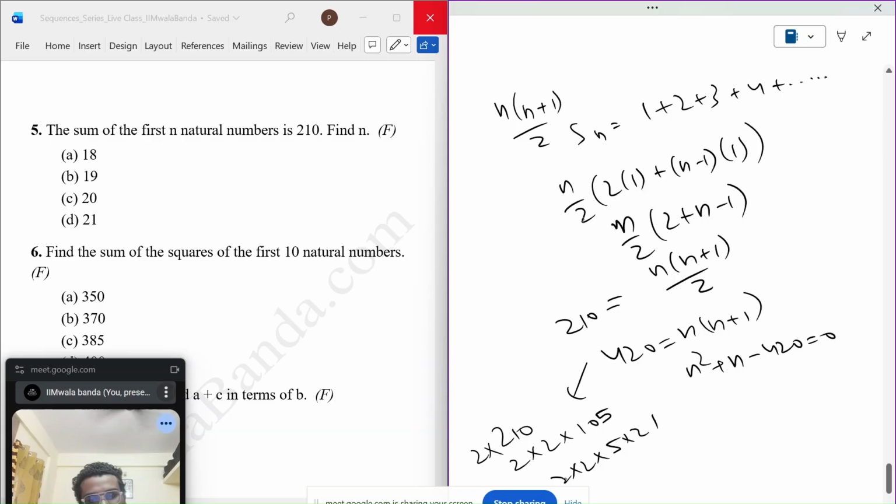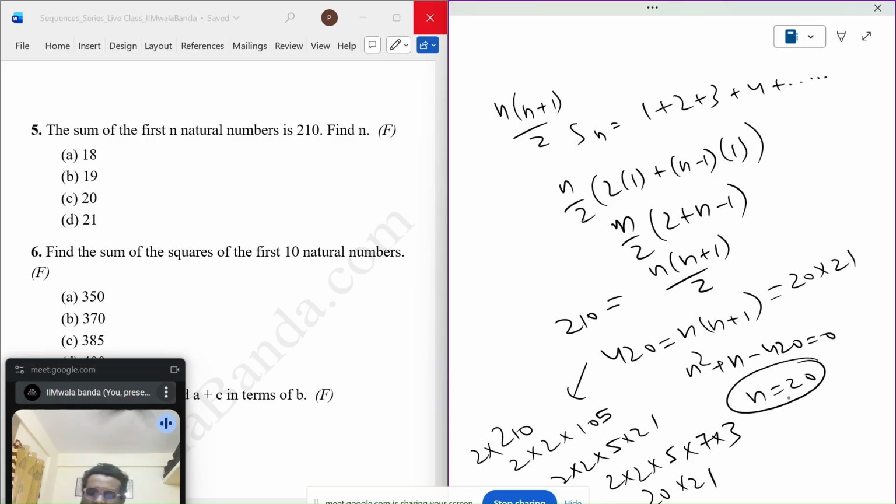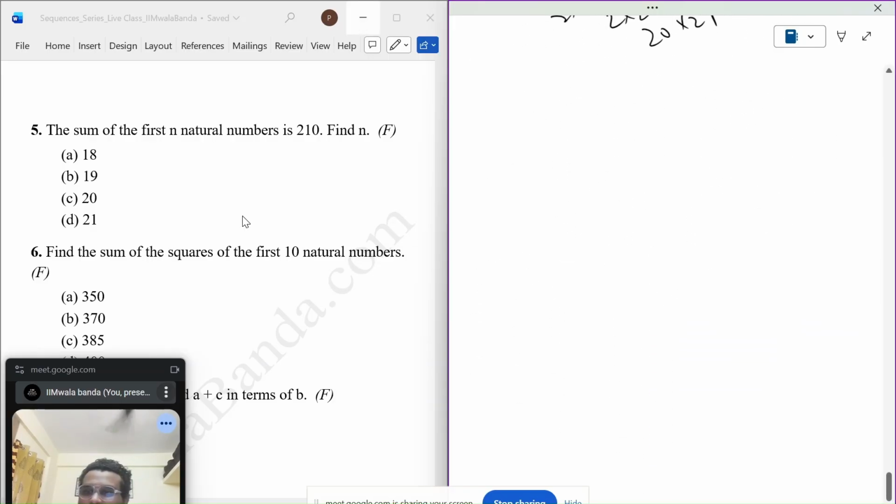Let's see if it becomes two consecutive numbers. 5 twos are 10, 10 twos are 20, into 21. See? So can I write this as 20 into 21? Automatically n is 20. This is also one way. If it works out, great. Otherwise, we'll solve the quadratic. No problem. So n is 20.